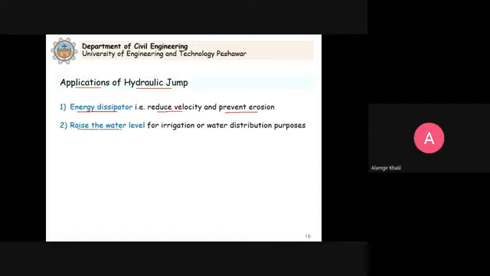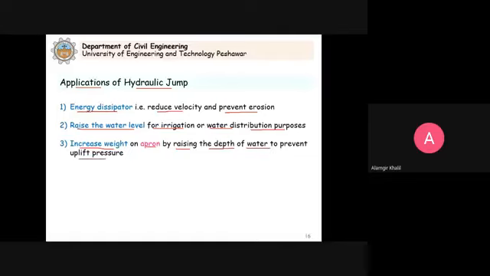It raises the water level for irrigation or water distribution purposes, as we already discussed that the depth after the hydraulic jump is more, clear, than the depth before the jump. Similarly, it increases weight on apron by raising the depth of water to prevent uplift pressure.